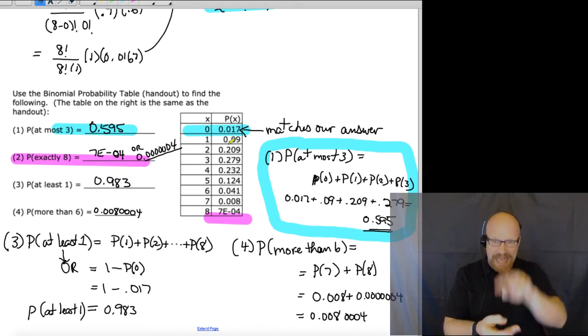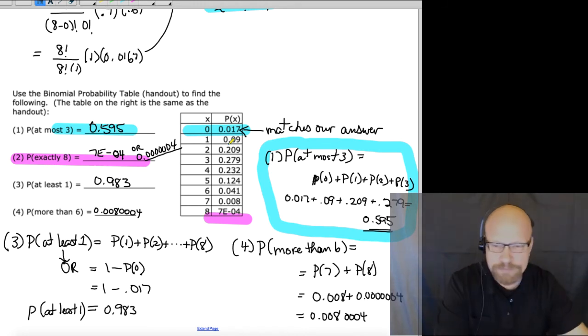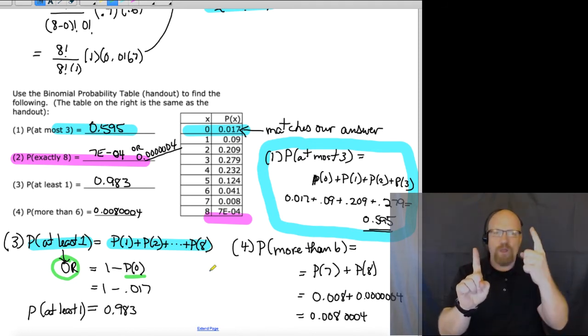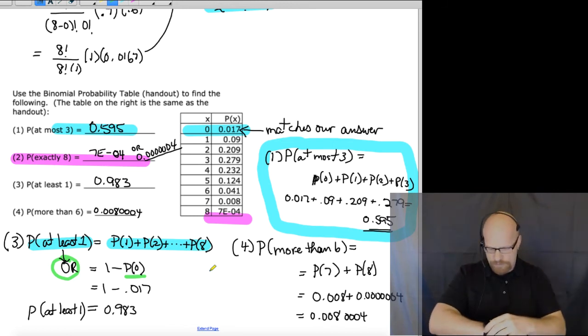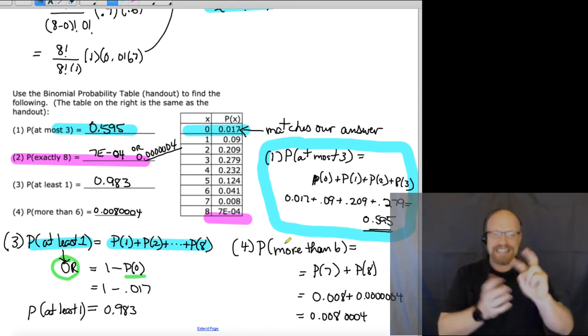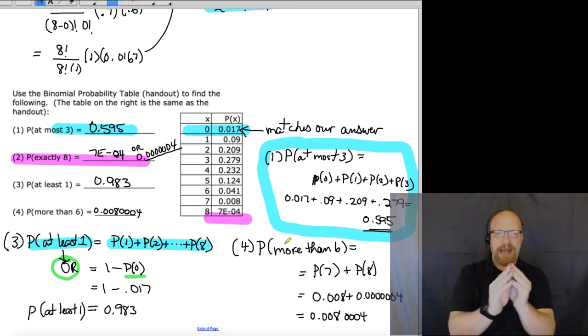So the whole table, or one minus the one that's not included, probability of 0. Then more than 6 means 7 and 8 added together. Okay?